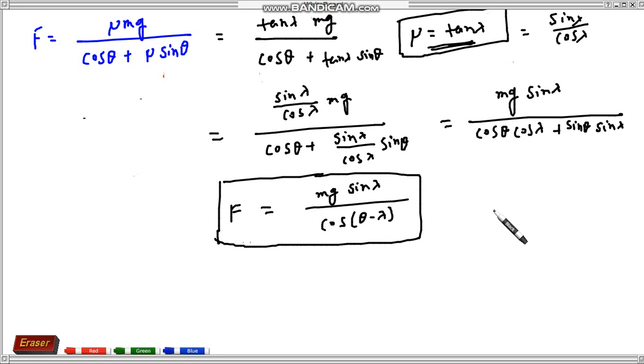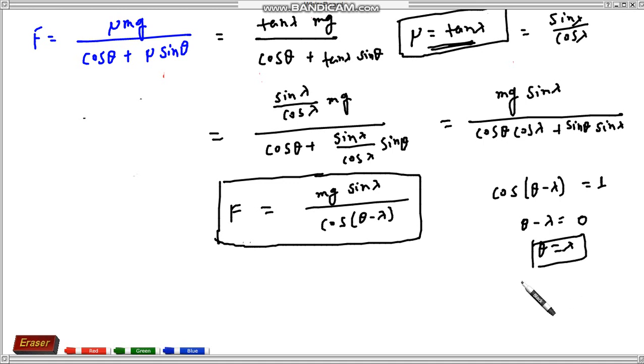The maximum value of cos of theta minus lambda is 1. So theta minus lambda is equal to 0, so you can say theta is equal to lambda. So our question was, for what value of theta the force will be minimum? The force will be minimum when this theta will be equal to lambda, that is the inclination angle.